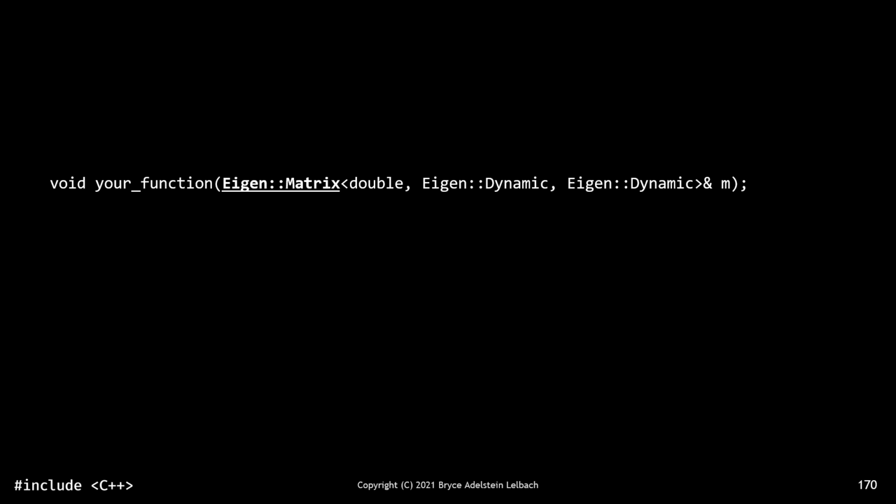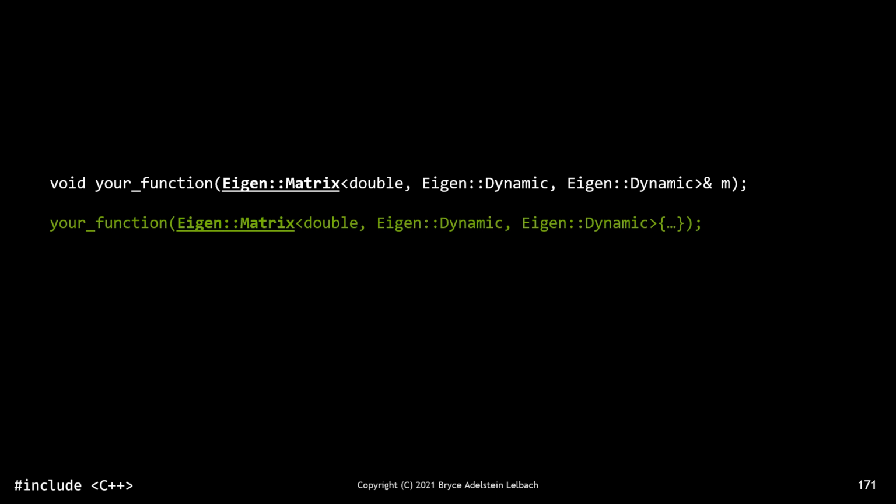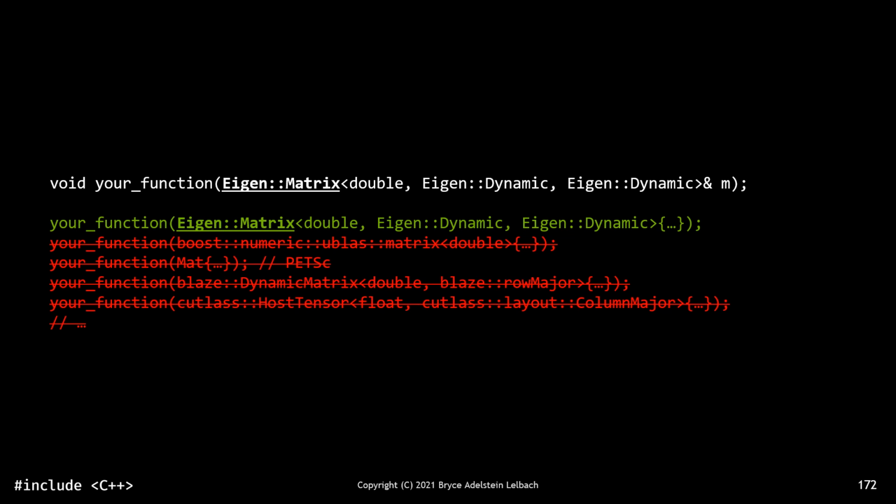Suppose I write a function that uses a concrete owning multidimensional type like Eigen matrix. My users will be able to pass an Eigen matrix to this function. But what if they have a Boost uBLAS matrix, or a PETSc matrix, or a Blaze matrix, or a CUTLASS tensor, or a multidimensional array passed from Fortran?